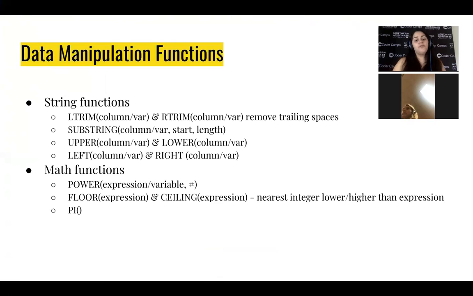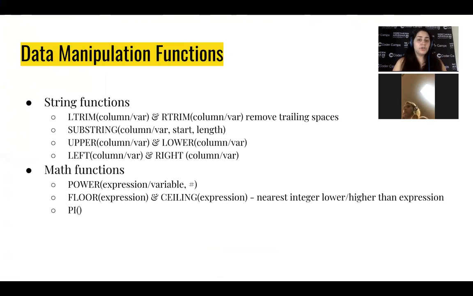Then we also have floor and ceiling. They both round to the nearest integer, but one is lower and one is higher. So what that means is that, let's say we're looking at the number 2.5.